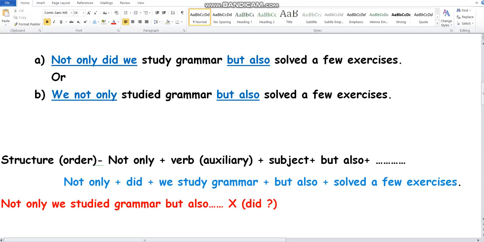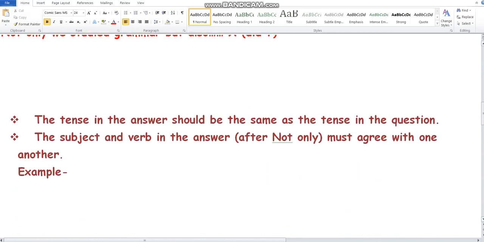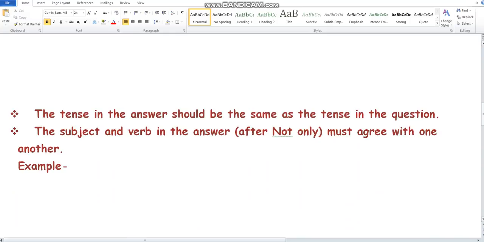Then the tense in the answer must be the same. You have to identify the tense in the question, and as far as the auxiliary verb after not only is concerned, do not forget the rules of subject-verb agreement.